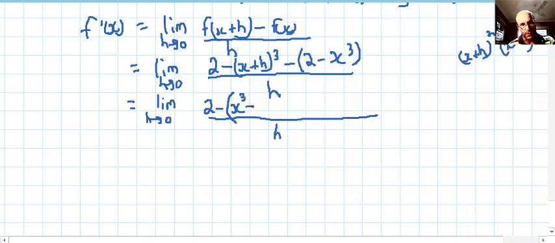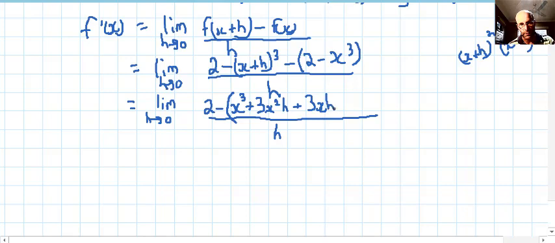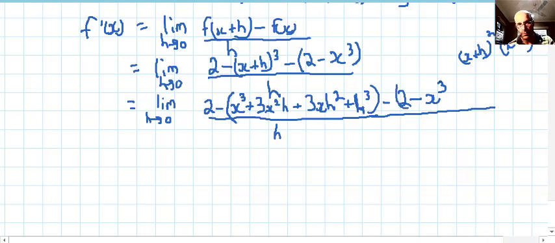So we have x cubed plus 3x squared h, 3x h squared plus h cubed, minus 2 minus x cubed all over h.